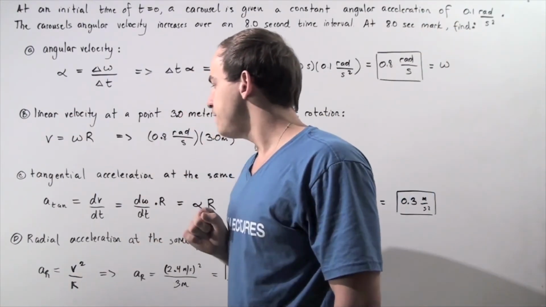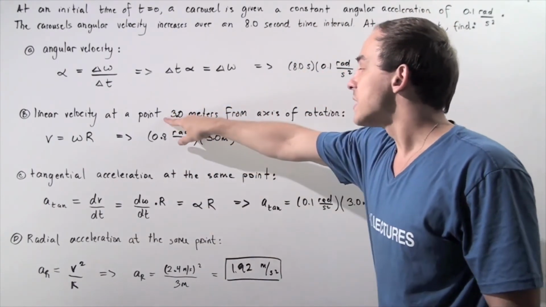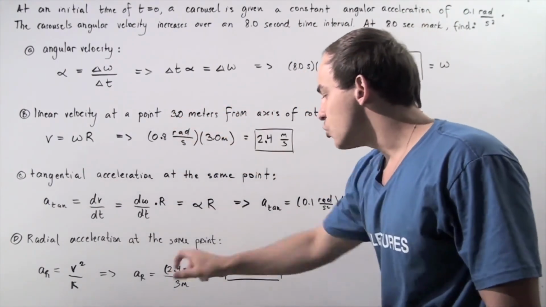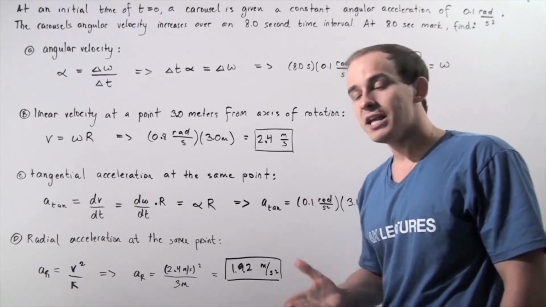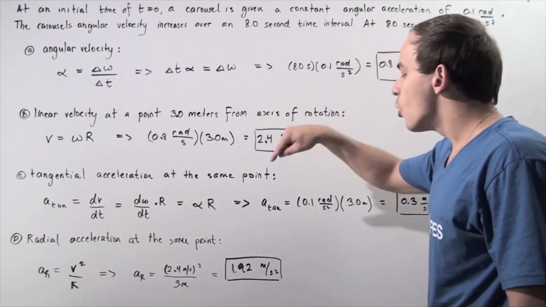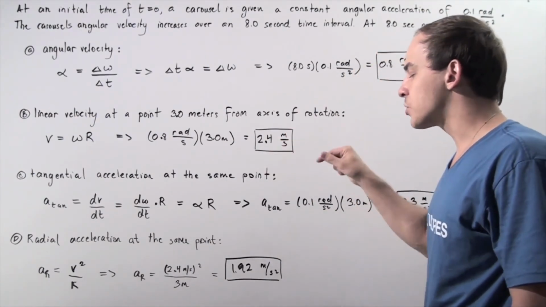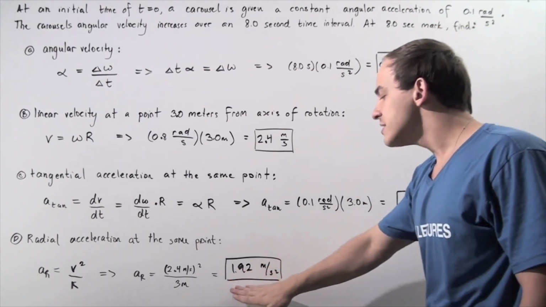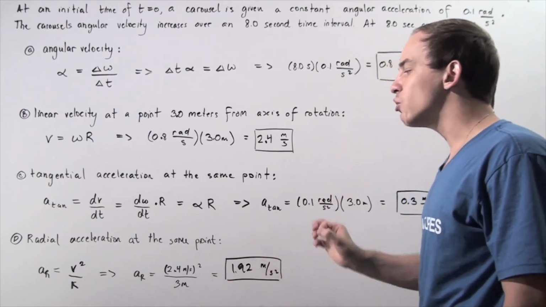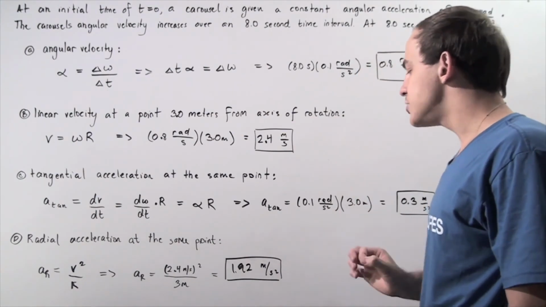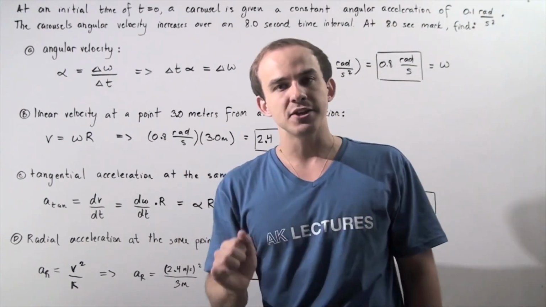And r is actually given, that's 3 meters. So 2.4 meters per second squared divided by 3 gives us 1.92 meters per second squared. So this is the magnitude of our radial acceleration, 1.92 meters per second squared.